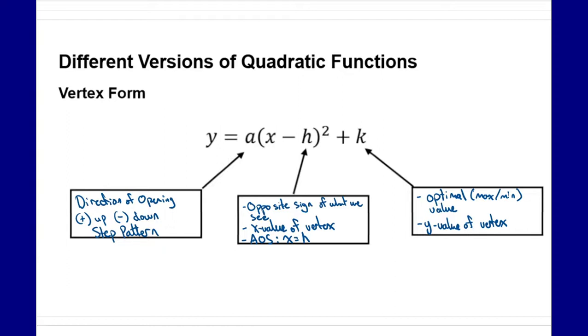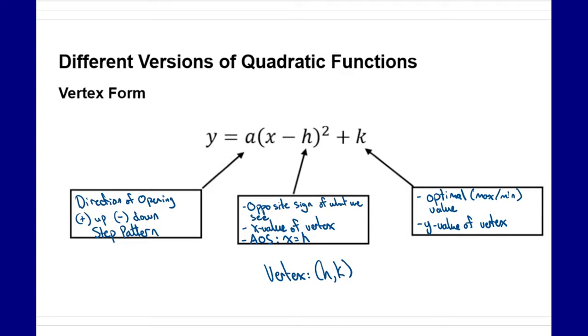So the opposite of the h value that we see tells us the x value of the vertex, and the k value, as we see it, tells us the y value of the vertex. So in the vertex form, we get the actual vertex (h, k). The nice thing about the vertex form is that it gives us that vertex point.